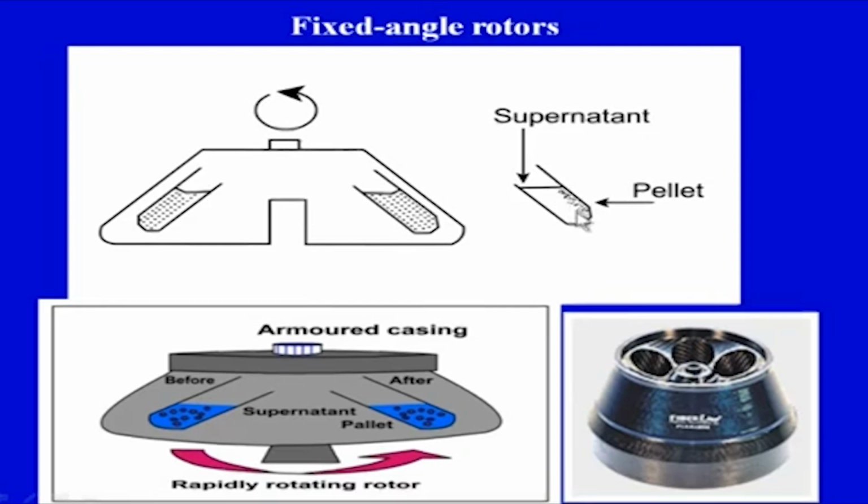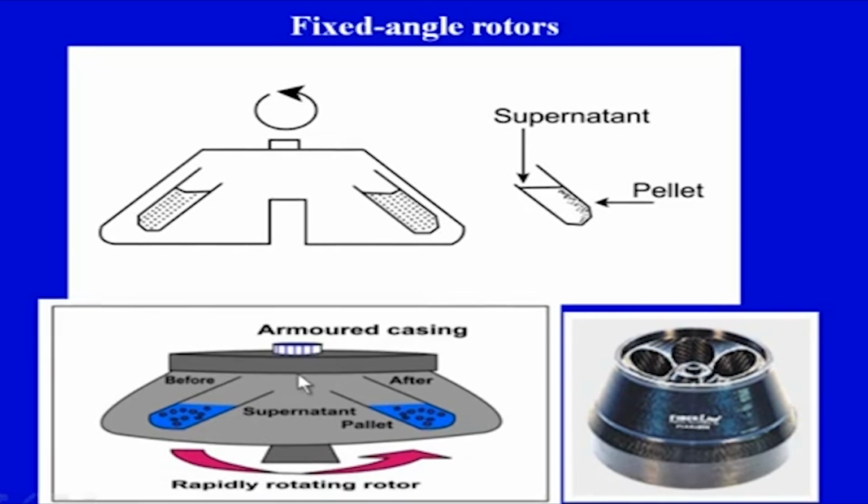As the rotation occurs, if it is a pelleting application, the pellet will settle at the outer wall of the tube. The reorientation of the liquid material, as you can see here, will take place as I have shown you earlier, as the centrifugation starts.